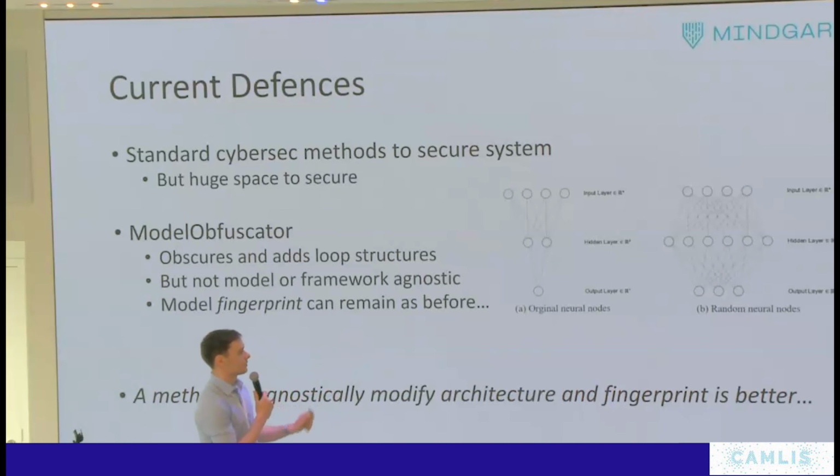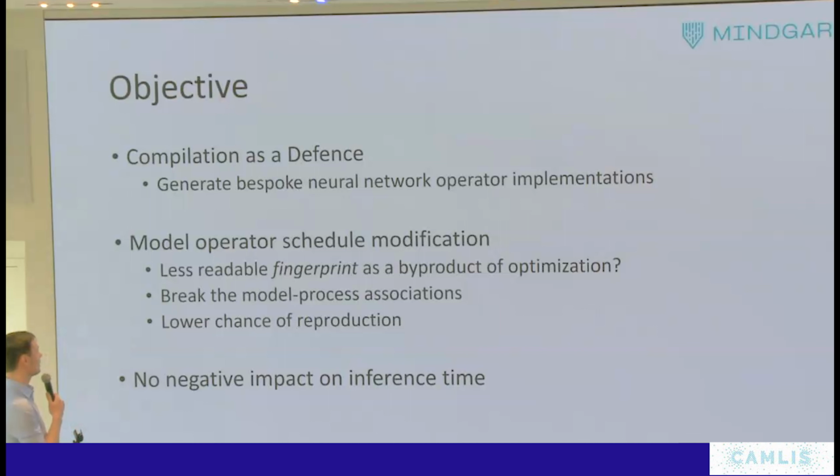We want to make the model faster, but can we also make the model more secure at the same time? The whole idea is to break the association between the model executing and the process signature. And we'll have no negative impact on inference time, because the goal of compilation optimization is always to make the model execute faster. So it's kind of trying to have your cake and eat it, I suppose.